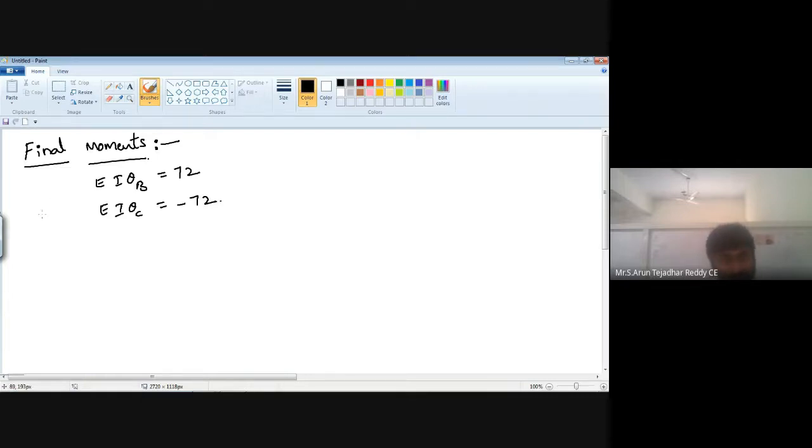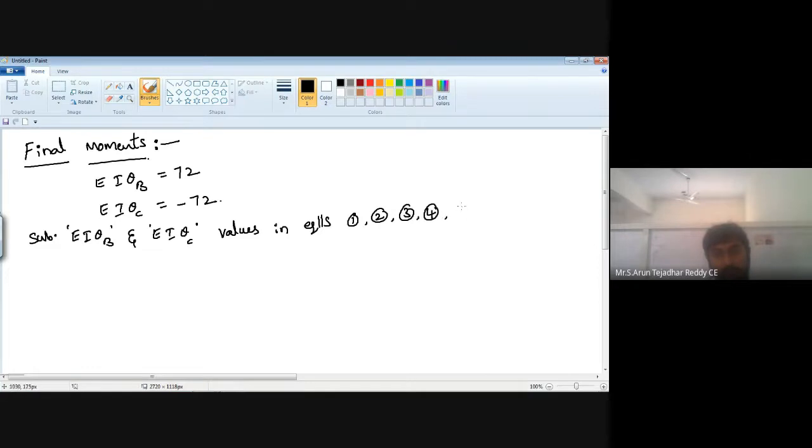It means substitute the EI theta B and EI theta C values in equations 1, 2, 3, 4, 5, 6. See, in the second step we have 6 equations. So in these 6 equations, substitute these 2 values, then you will get the final moments.